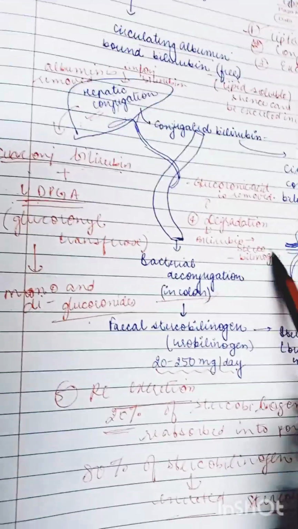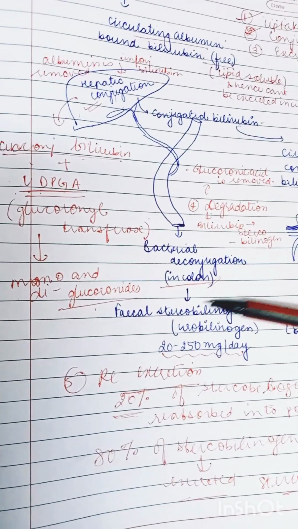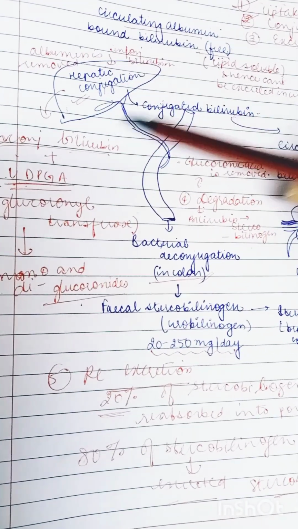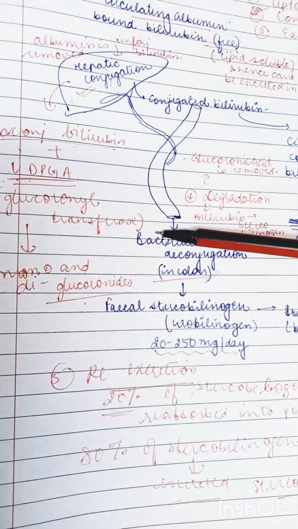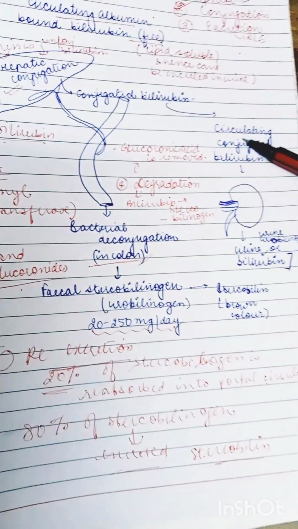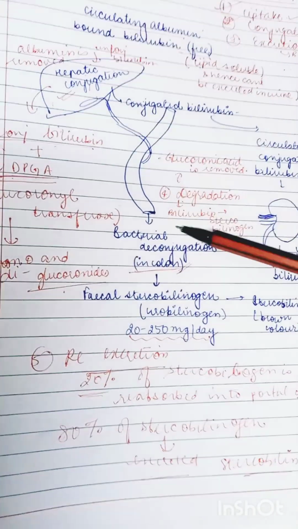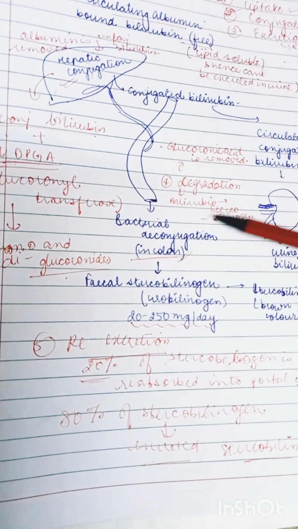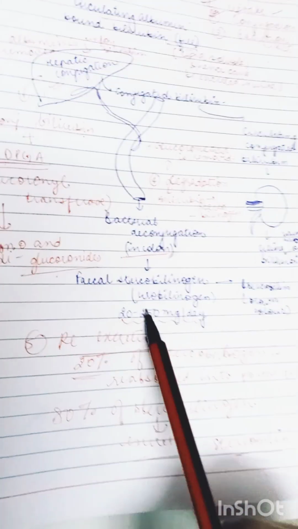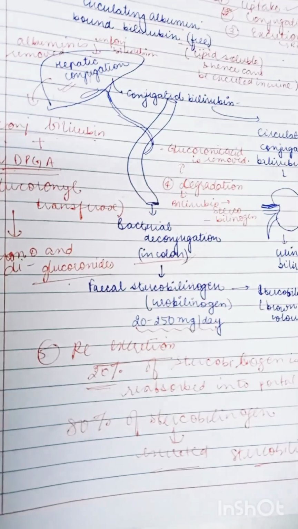The stercobilinogen formed here, 20% is absorbed into the portal circulation and enters the liver once again, and in enterohepatic circulation it will recirculate, or it will go to the kidneys for removal in the form of urine urobilinogen. And the 80% stercobilinogen is excreted as fecal stercobilinogen at a rate of 20 to 25 milligram per day.